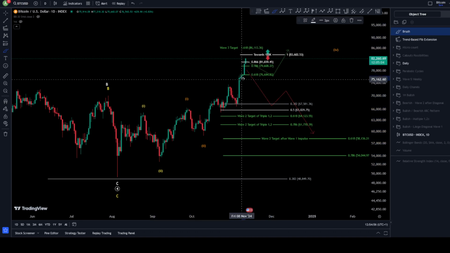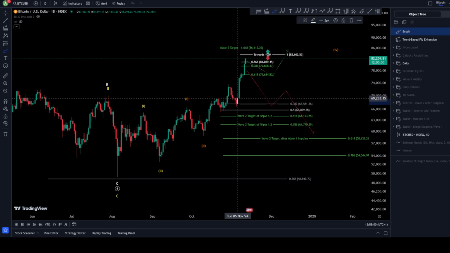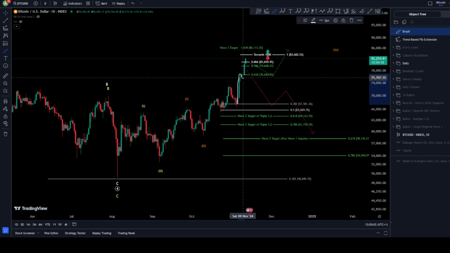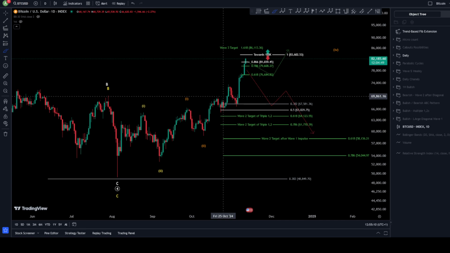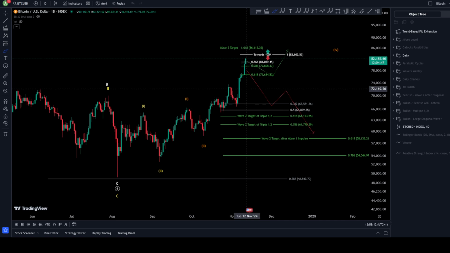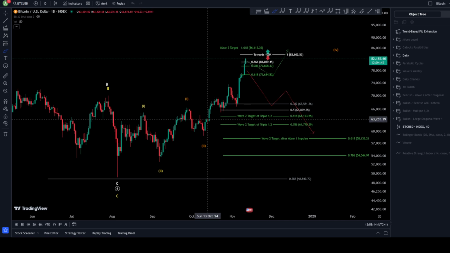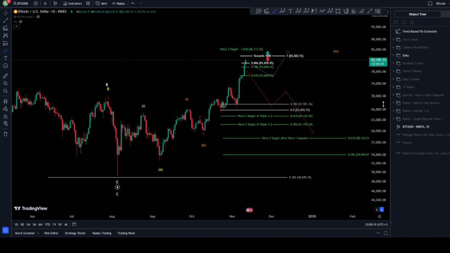Now we don't see any red candle to count a 1, 2 here, but this was the idea. So we have to count this as 1, 2, and we might be in a very massive wave 3 towards the upside. This is your highest wave 3 of 3 of 3 of 5. This is your bullish scenario.